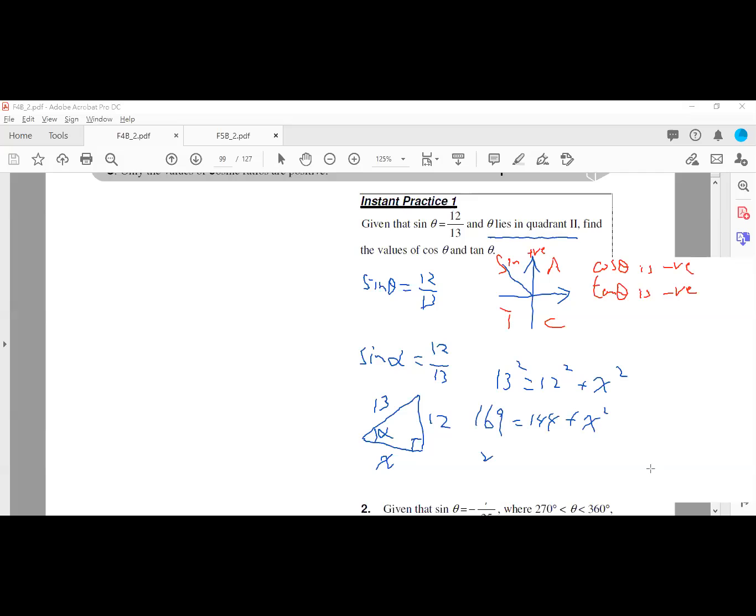And then 25 is equal to x squared. So x is equal to square root 25. So x is equal to 5. Okay, so this one is equal to 5.